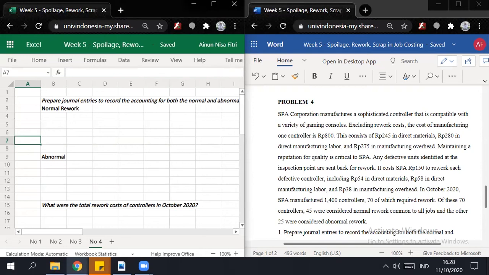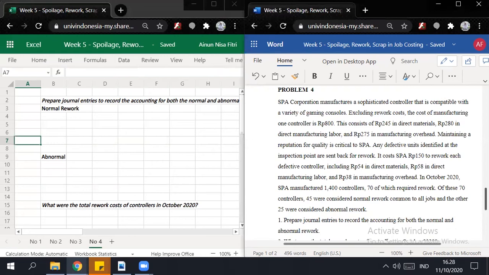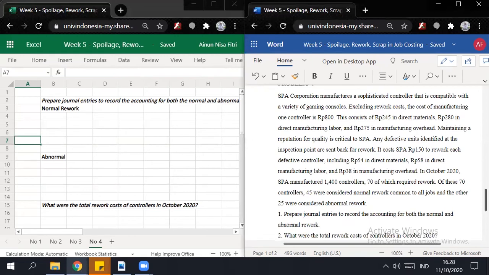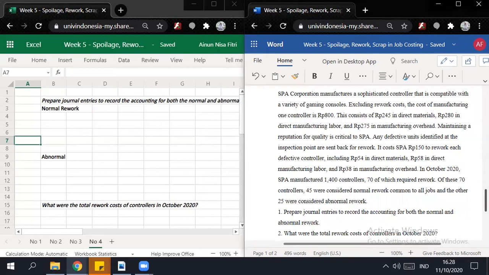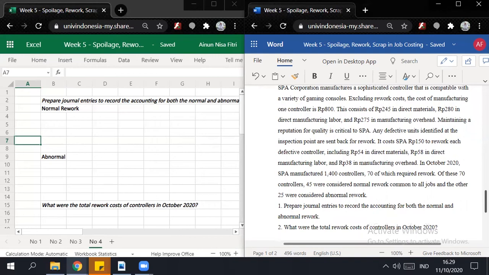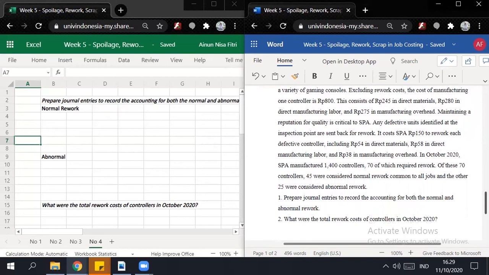Any defective units identified at the inspection point are sent back for rework. It costs SPA $150 to rework each defective controller, including 54 in direct materials, 58 in direct manufacturing labor, and 38 in manufacturing overhead. In October 2020, SPA manufactured 1,400 controllers, 70 of which required rework.